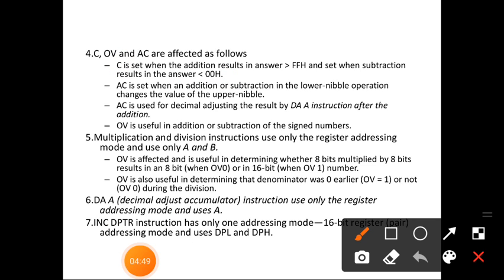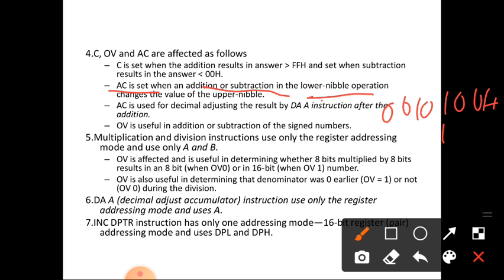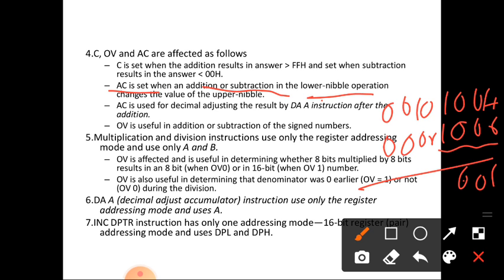The auxiliary carry flag will be set after an addition or a subtraction operation when there is a carry from the lower nibble. For example, 1 0 0 1 0 0 0 1 0, then 1 0 0 0 0 0 0 0. When we add this number, this is one part of the nibble.